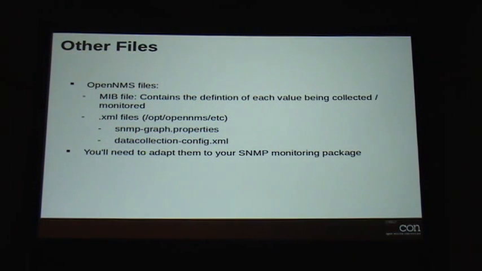One has to do with the actual charts, so you define the charts, and the other one is the data collection, where you define whether it's a counter or the difference between the previous value and the current value. All of that we took as it was.